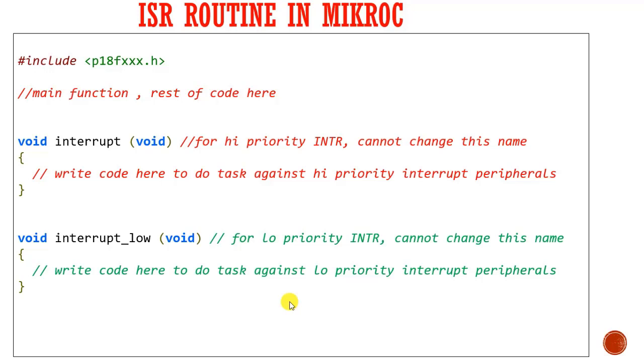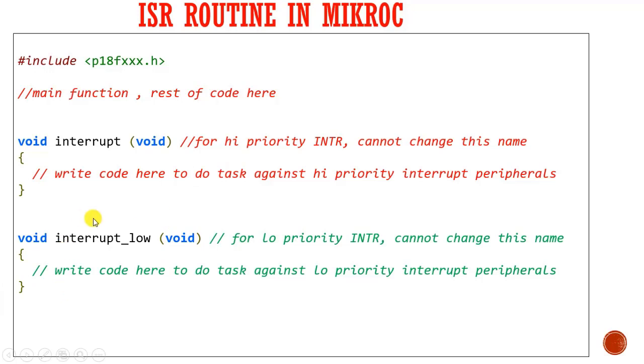So in void interrupt, this function will include the high priority interrupts, and this function over here would include the low priority interrupts. If you have turned GIEL equal to 0, this function, void interrupt low, would never be called.